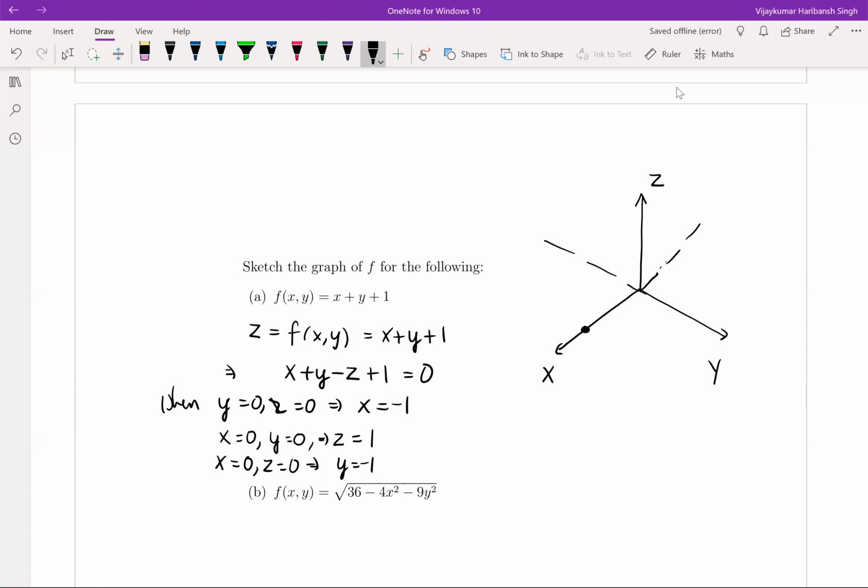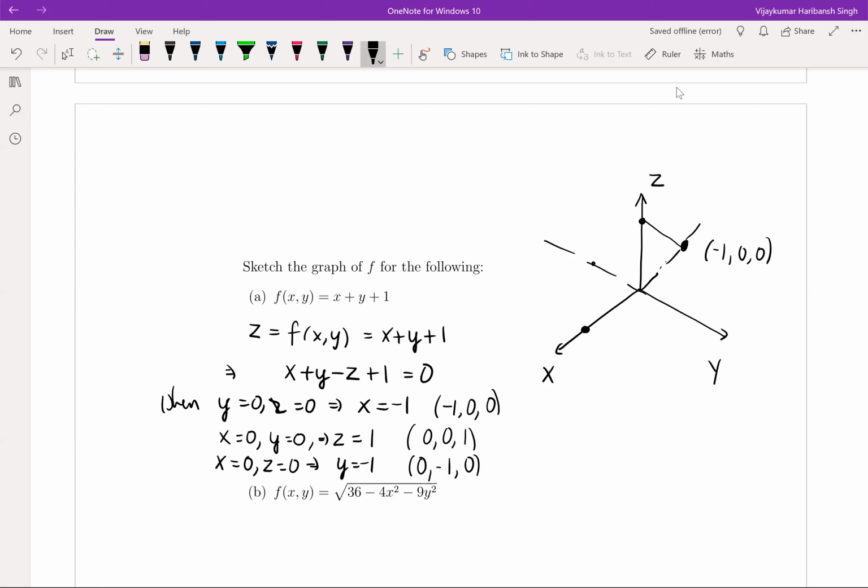So let's draw it. What are the points? One point is (-1, 0, 0), here. The next point is (0, 0, 1), here. And the other point is (0, -1, 0).